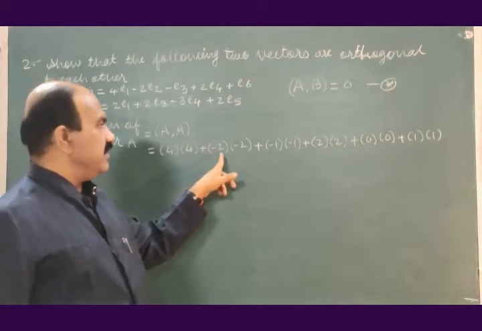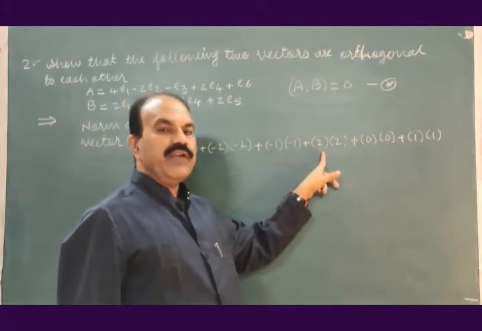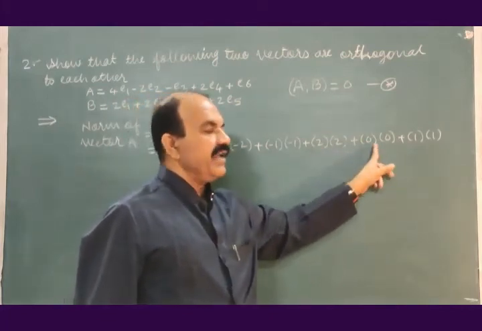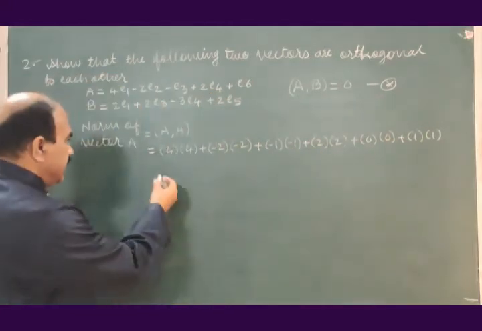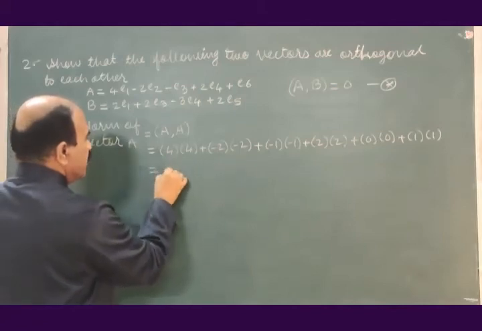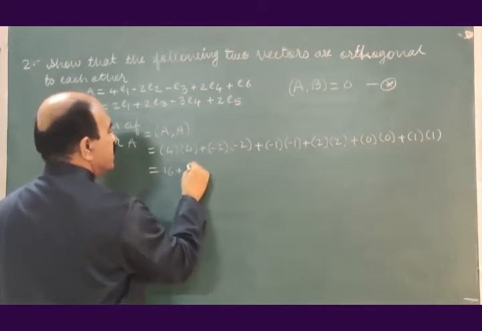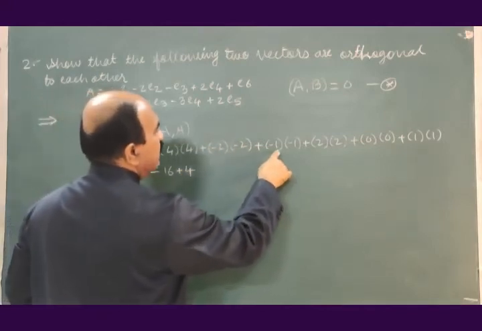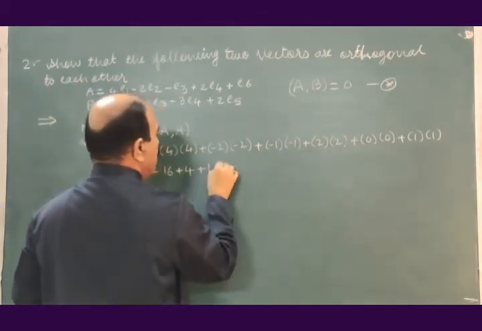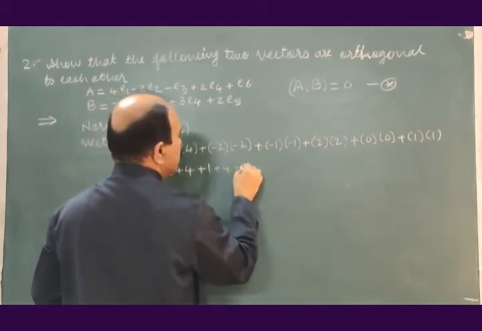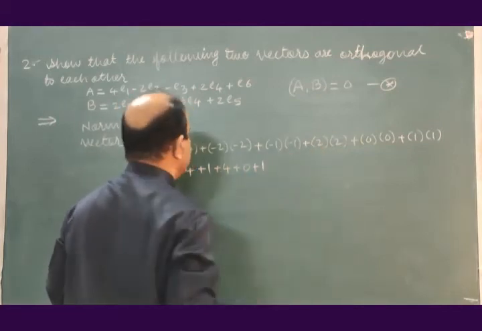That is A1 into A1, A2 into A2, A3 into A3, A4 into A4, A5 into A5, A6 into A6, and that is equal to 4 4s are 16 plus 2 2s are 4 plus 1 1s are 1 plus 2 2s are 4 plus 0 plus 1 1s are 1.